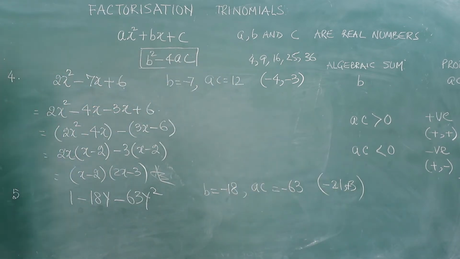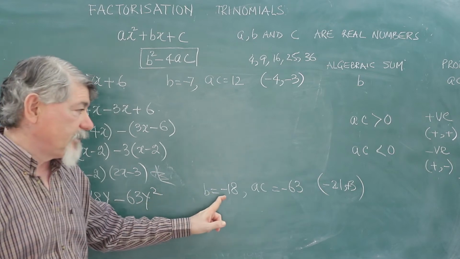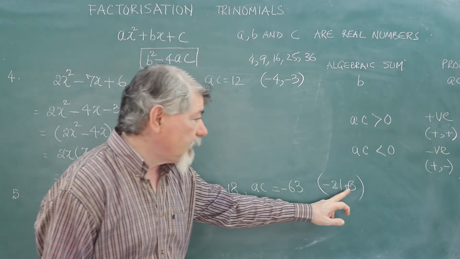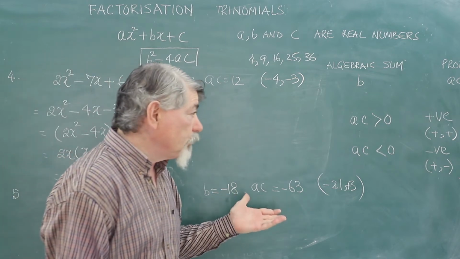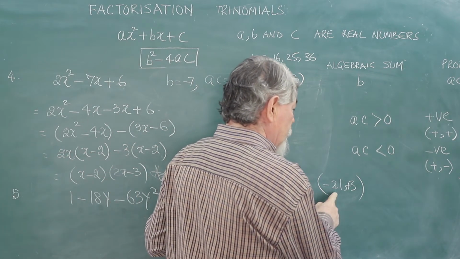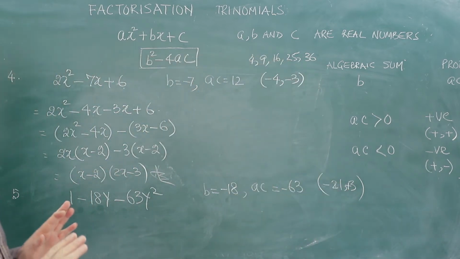Minus 21, 3. 21 and 3 on product will give you 63, and minus 21 plus 3 will give you minus 18. We told you that it is less than 0, so one term will be plus, one term will be minus. That means both the split terms will be of the opposite sign.